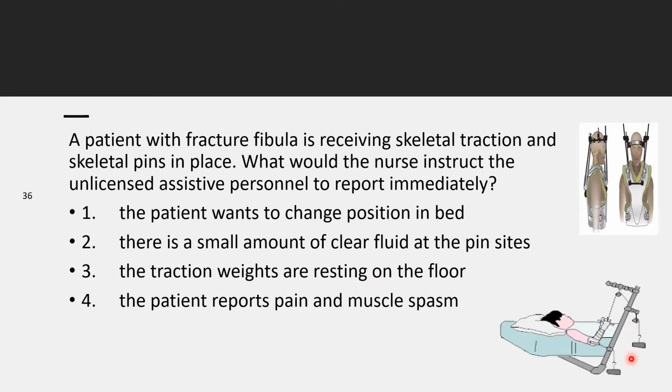And the patient reports pain and muscle spasm. Pain and muscle spasm is quite normal in traction. Commonly, when the patient is not mobilizing the extremities, muscle spasms are common when you are not using your muscles. Fine. So the better answer for this is the traction weights are resting on the floor.